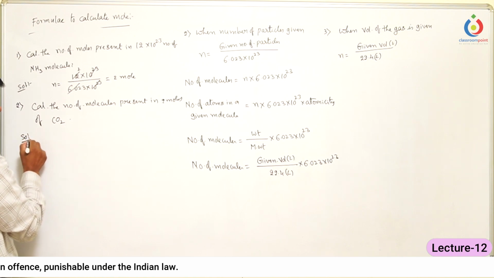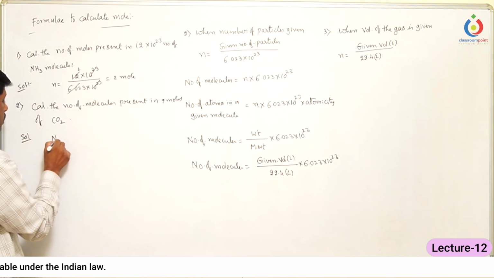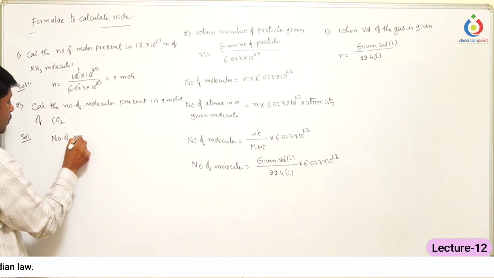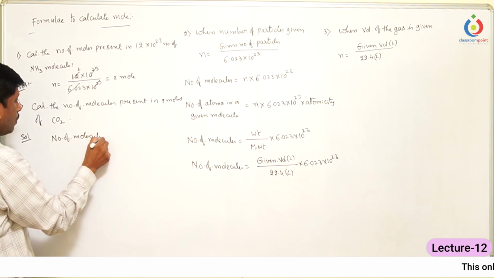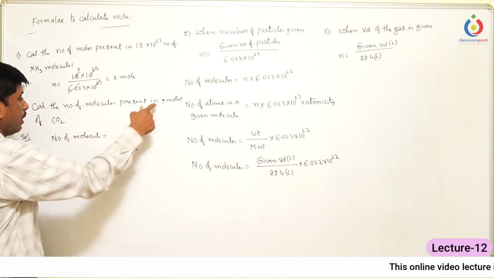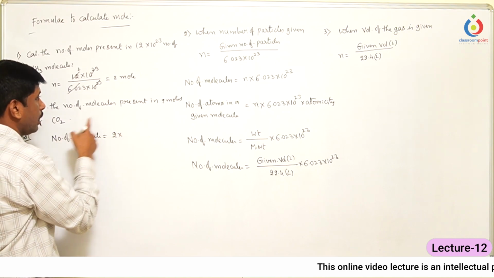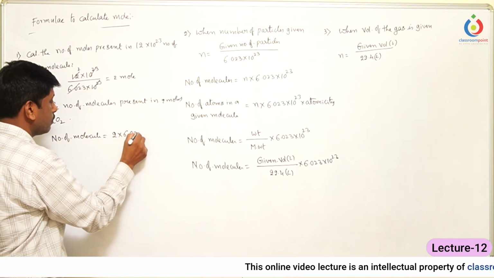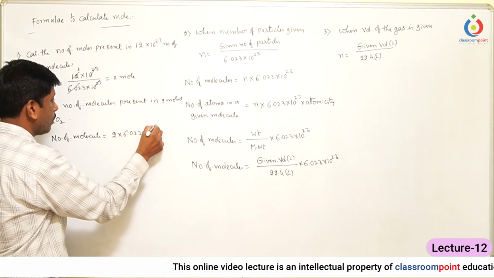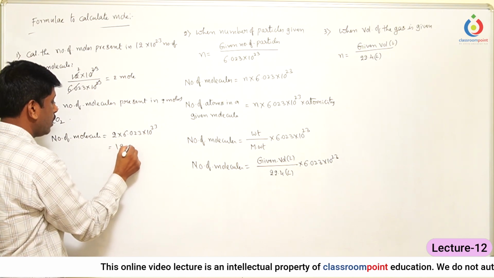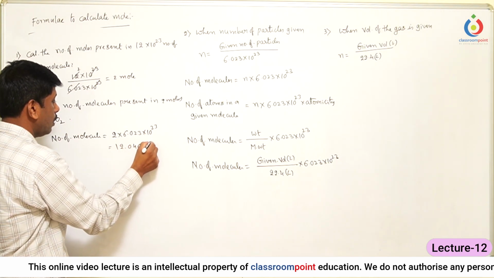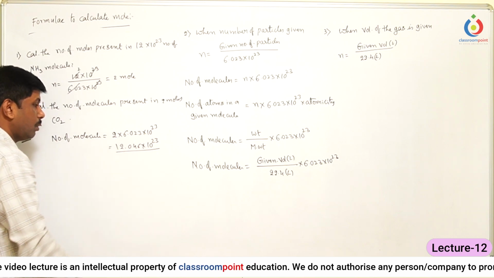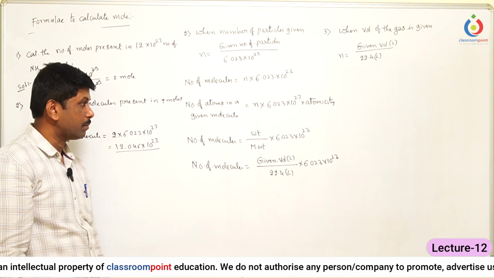So the solution for this: number of molecules is equal to, given is 2 moles into 6.023 into 10 power 23. That is 12.046 into 10 power 23 number of CO2 molecules are present.